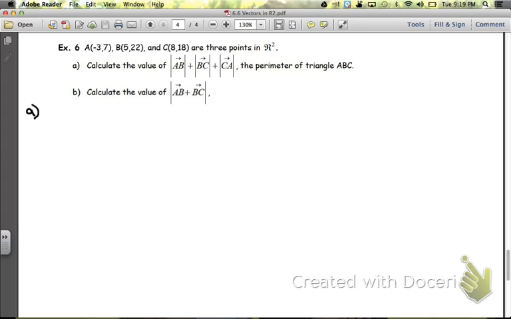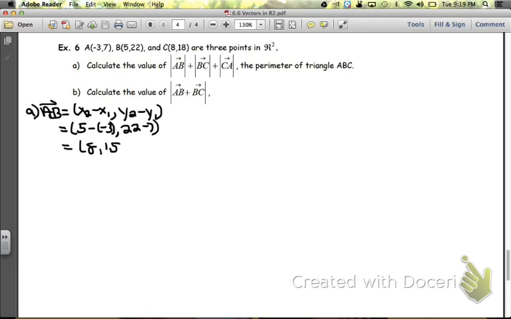So our first step is to find AB. To find AB, remember we just take our x2 minus x1 and our y2 minus y1. So looking at B here, 5 minus negative 3, and then 22 minus 7, and what we're left with is (8, 15).